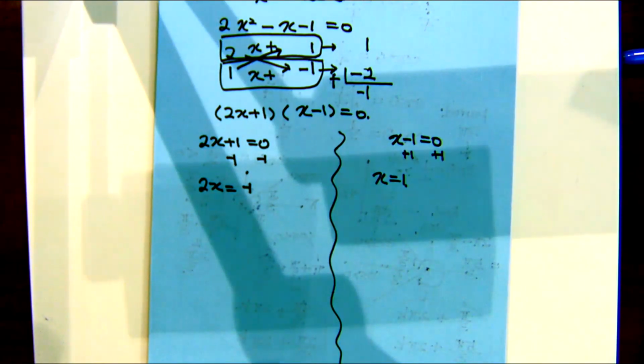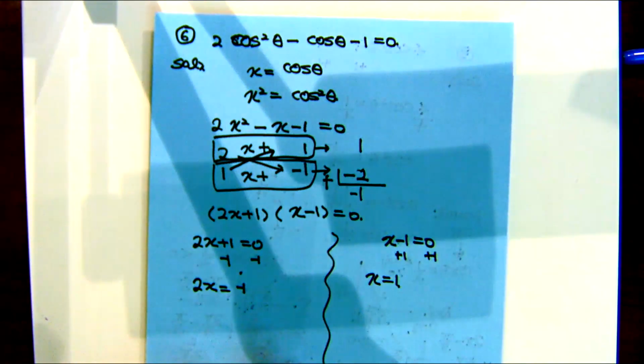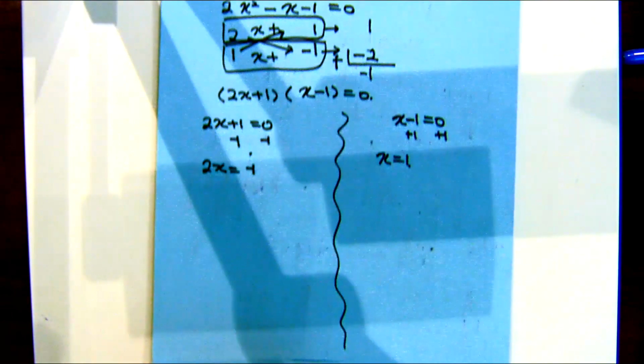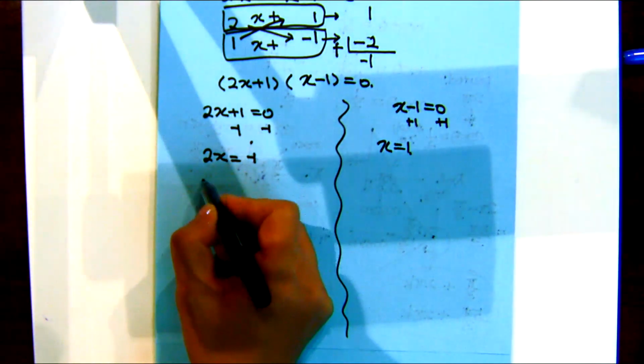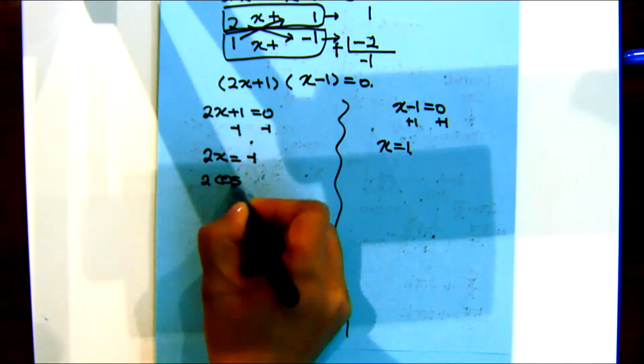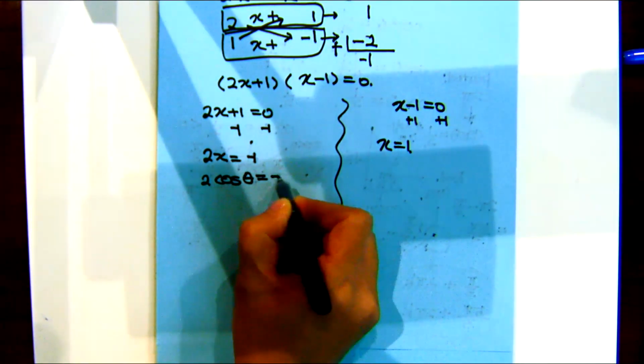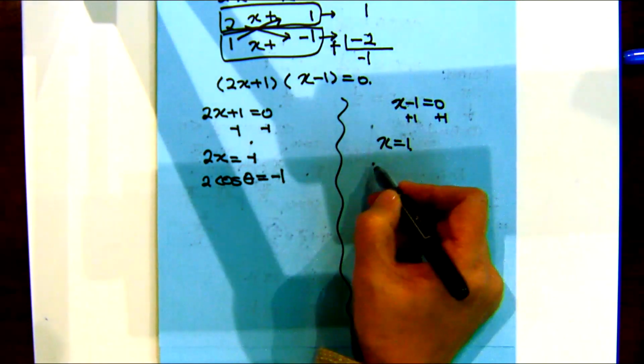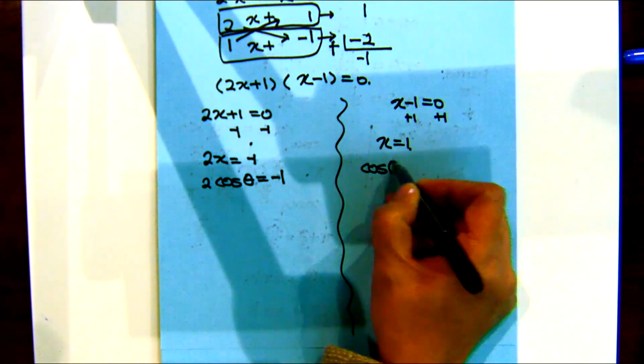This is just common factoring in intermediate algebra, but we are doing this for solving the trigonometric equation. x was indeed cosine, so we put that back here. Then we have 2 times cosine of theta equals minus 1. In this case, we have cosine of theta equals 1.